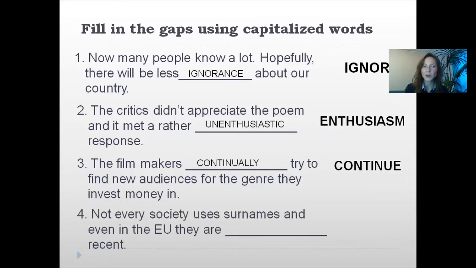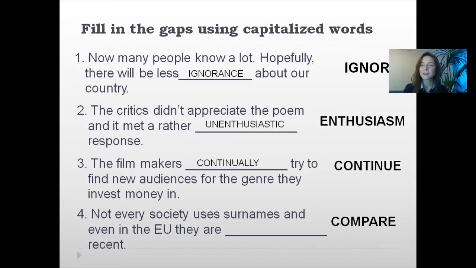And now we speak about the next one, which is the verb compare. It is the verb, the context is, not every society uses surnames, and even in the European Union, they are recent. So again, the sentence works without your word. So it should be an adverb.